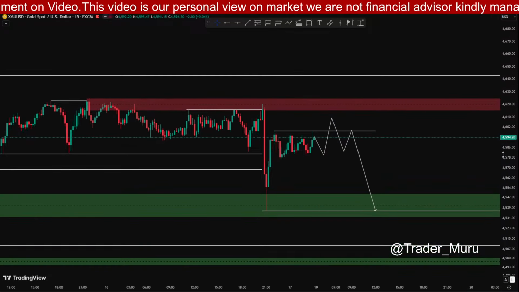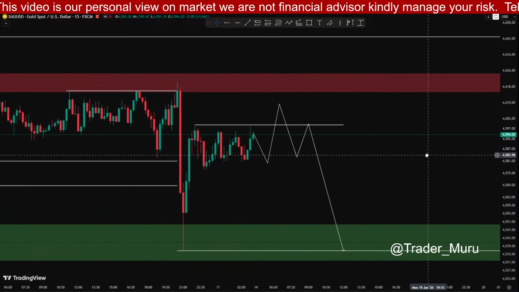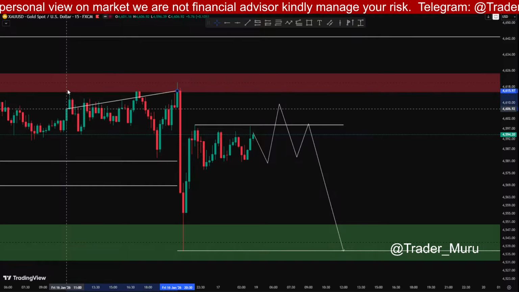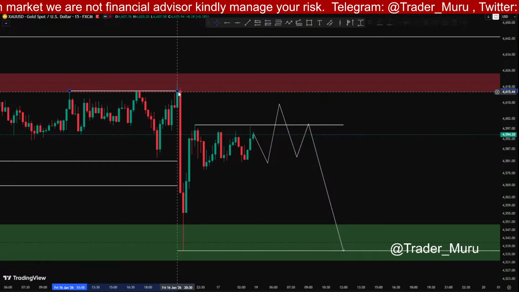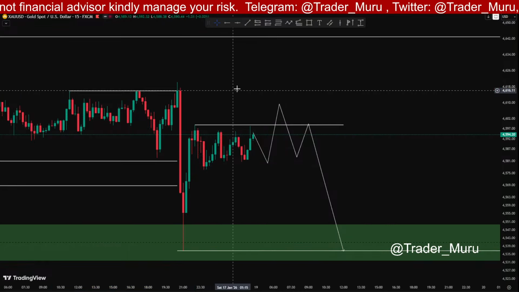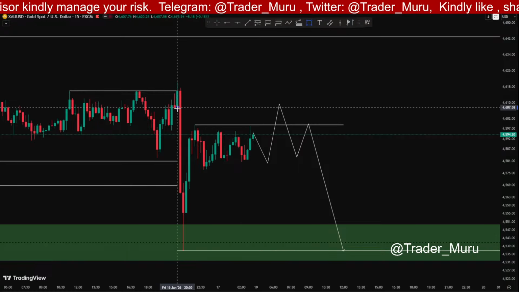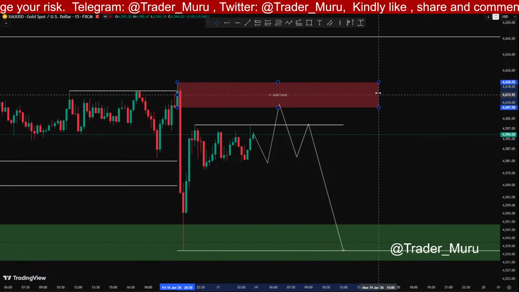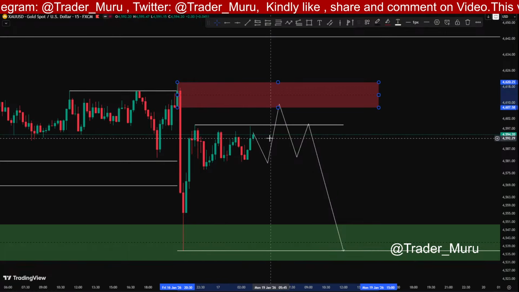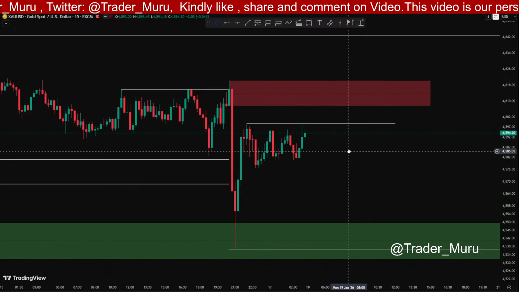In the 15-minute time frame, we have an order block pending for a test at this zone here, and price is creating liquidity. This is an engineering liquidity.